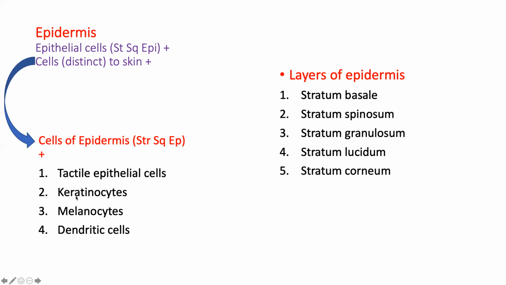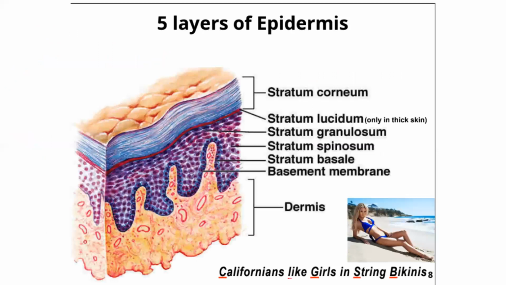Keratinocytes, of course, the name tells what they do: keratin forming cells. Melanocytes produce melanin, which will give us the skin color. Dendritic cells are the policemen of the skin, and they will go and detect the invading antigens. So these are the 5 layers of the skin.